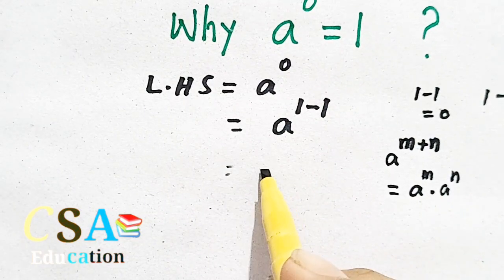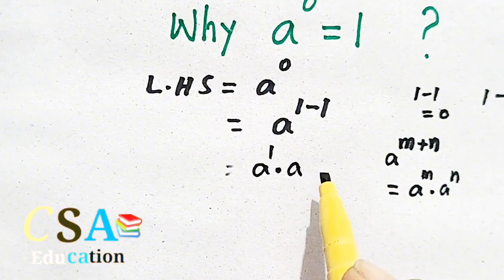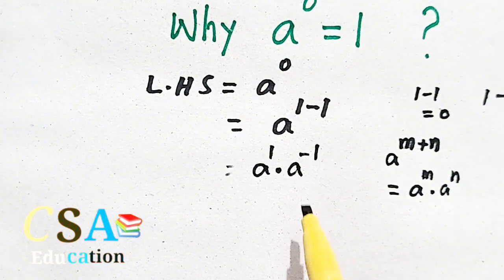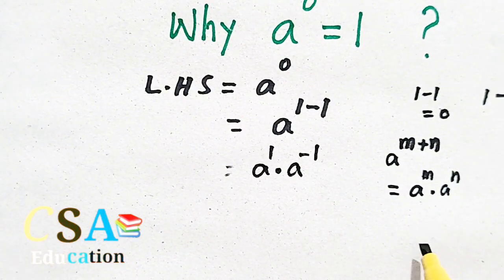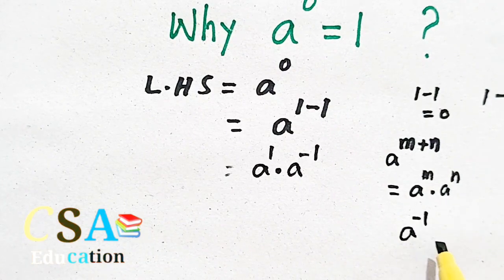So it will be a raised to power 1 times a raised to power minus 1. Now, if we have a power minus 1, it is equal to 1 by a.